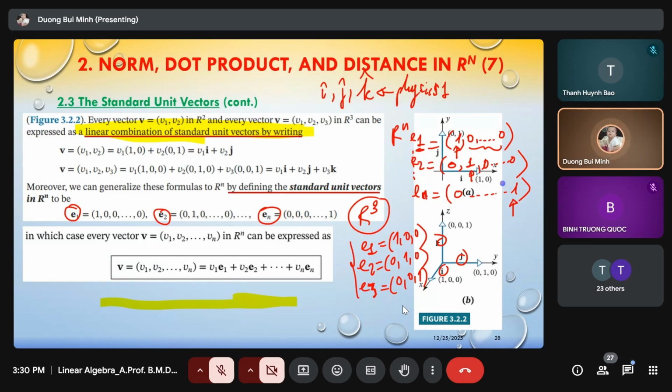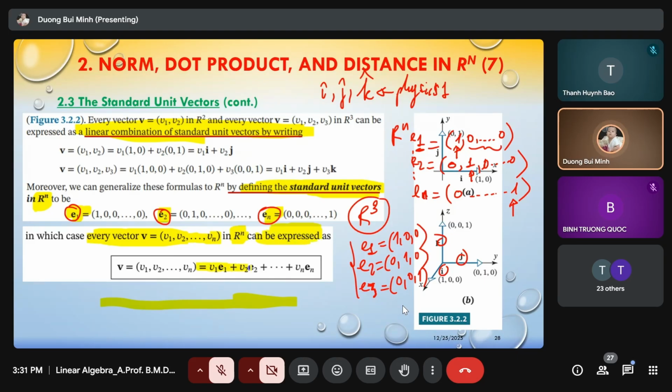The nth element will be 1. Like this, we say standard unit vectors for Rn: e1, e2, up to en. So if we have any vector v, with v1, v2, up to vn, in Rn we can express it like this.